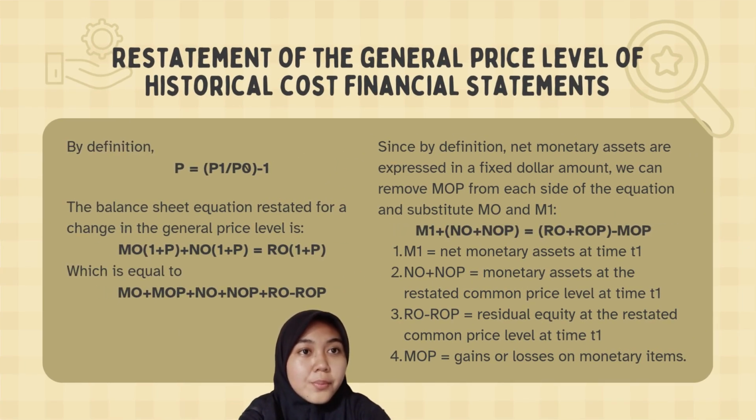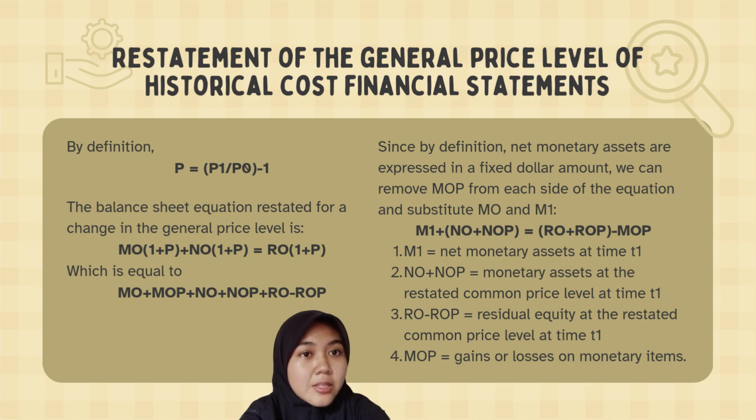We also assume that there is a change in the general price level P. By definition, P0 is the price index at time 0 and P1 is the price index at time 1.